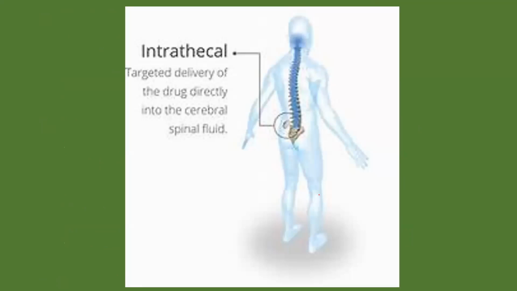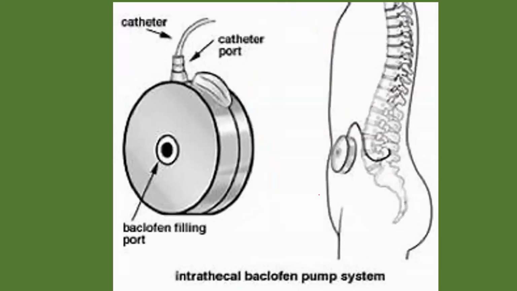And it is very effective from L1 to S1. In other words, it is more effective than when we give it orally. We have quite a few problems when we try to give baclofen orally. This is a gross appearance of the pump with the catheter placed intrathecally.